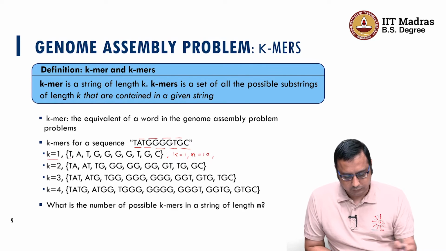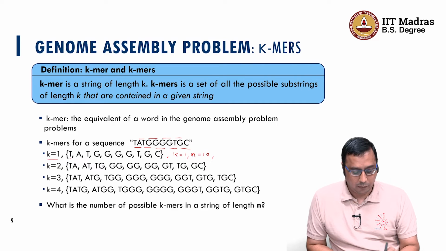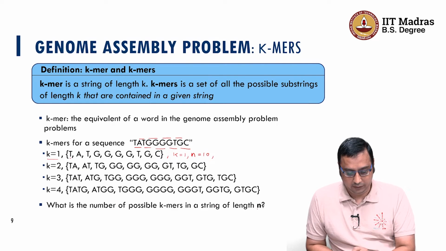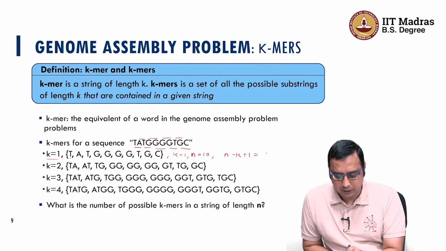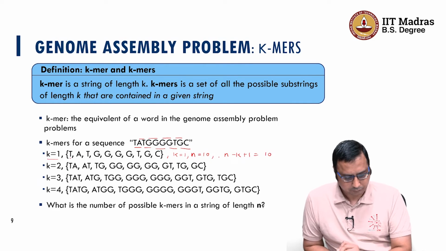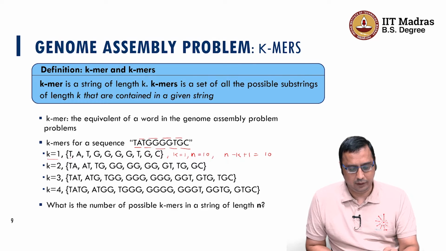Then the number of possible k-mers in a given string of length n is n minus k plus 1, which for k equal to 1 is equal to 10. Let's see if we have 10 elements: 1, 2, 3, 4, 5, 6, 7, 8, 9, 10. Yes, we have 10 elements.